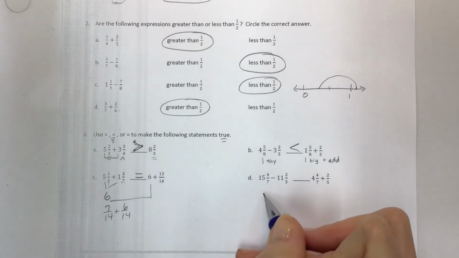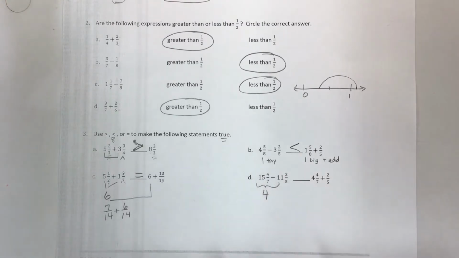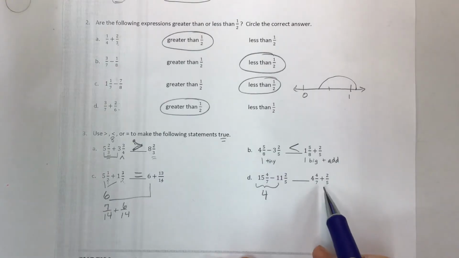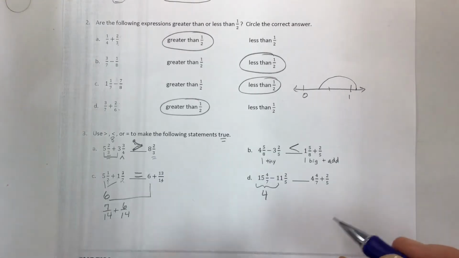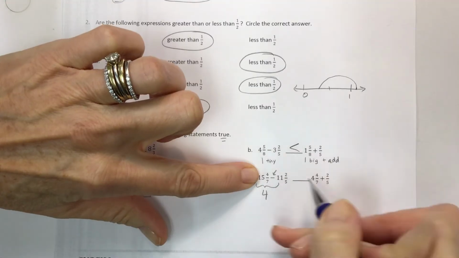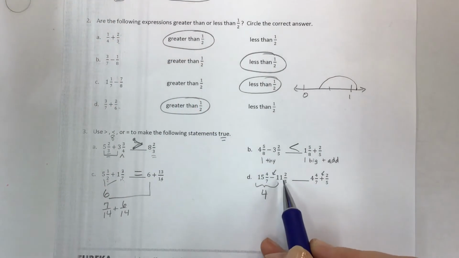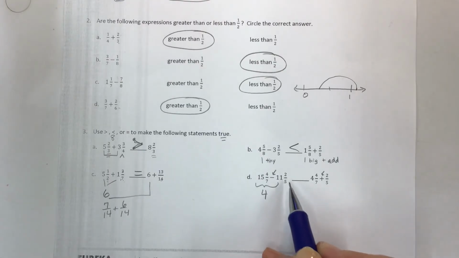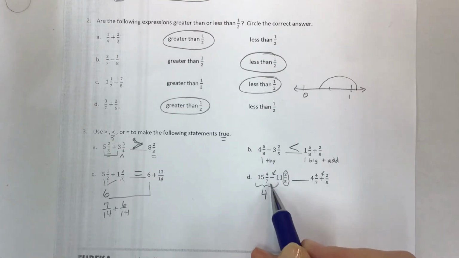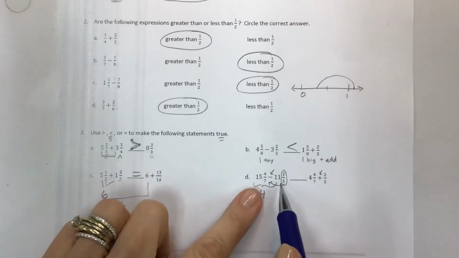And the last one, 15 and 4/7 minus 11 and 2/5. And compare that when you get your 4, right there with the whole numbers, to 4 and 4/7 plus 2/5. So again, looking at this sign, subtraction versus addition, here I would have to take this away from here.